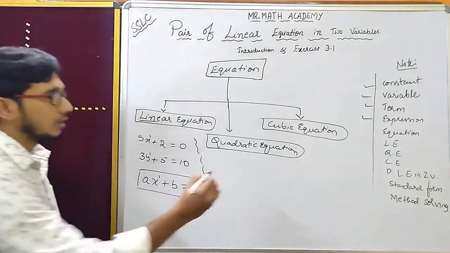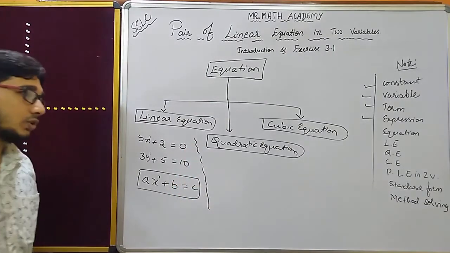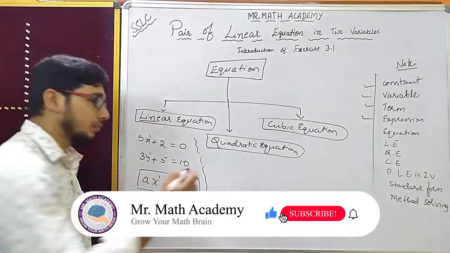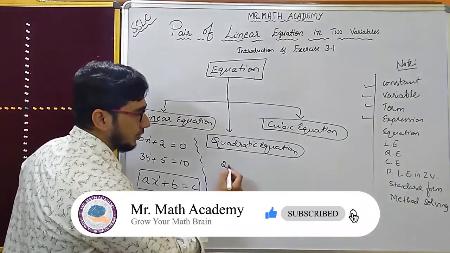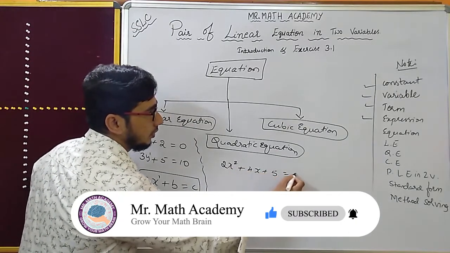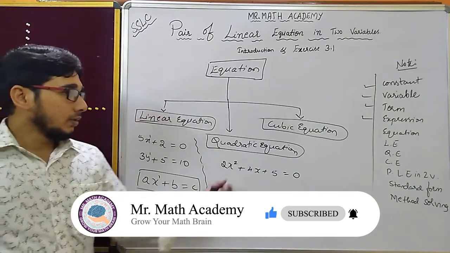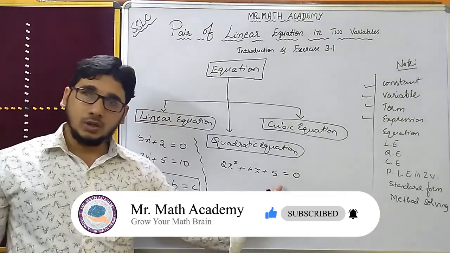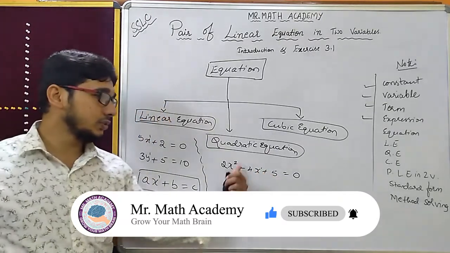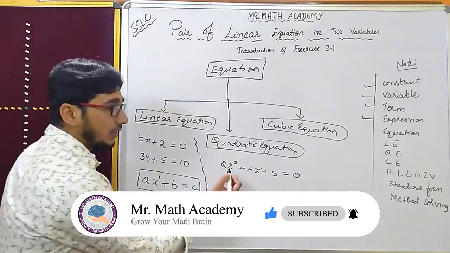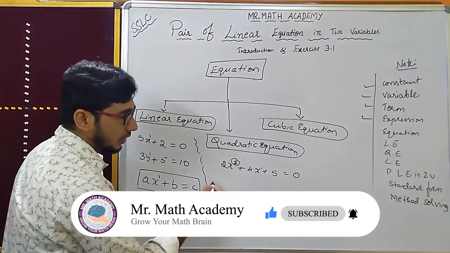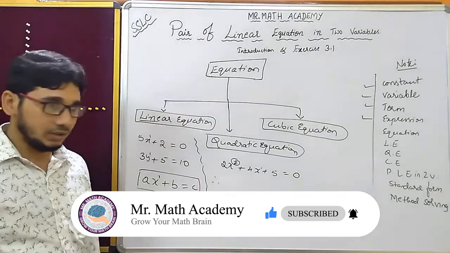Now let us go for quadratic equation. Quadratic means the power on the variable should be 2. Let me explain. 2x square plus 4x plus 5 is equal to 0. See here, the power is 1, here the power is 2. We have to see the highest power. Here the highest power is 2, therefore it is a quadratic equation.